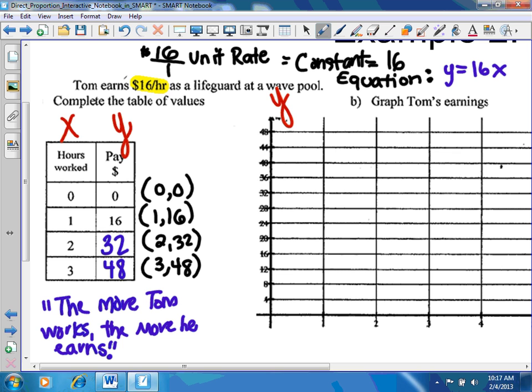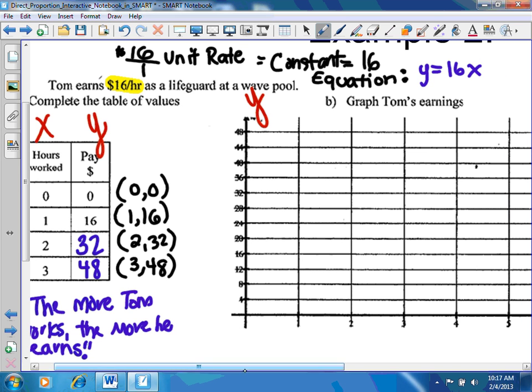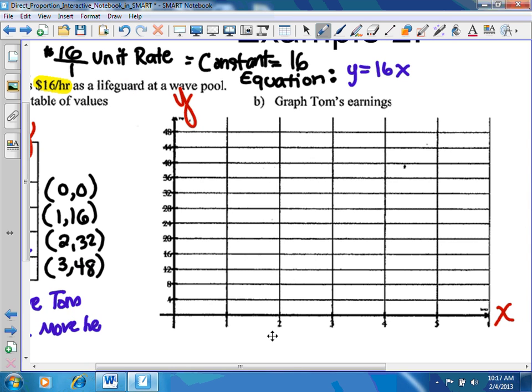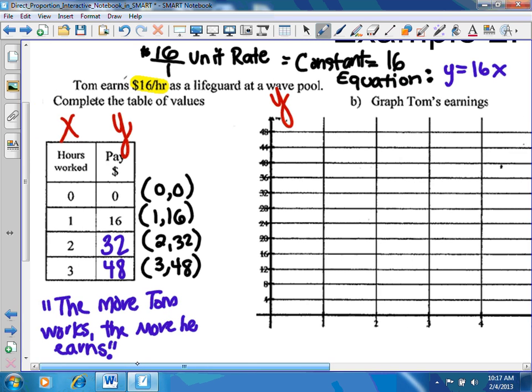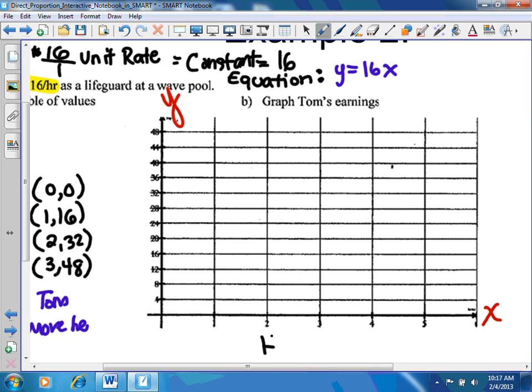So let's label the x-axis first. X is hours worked.